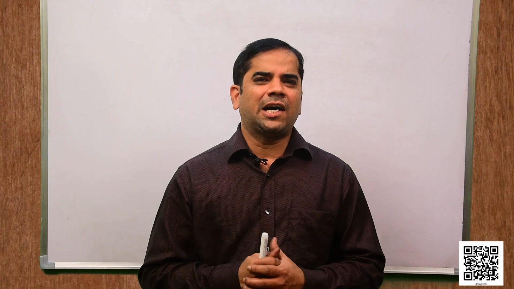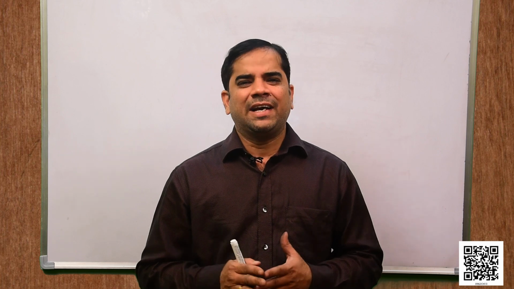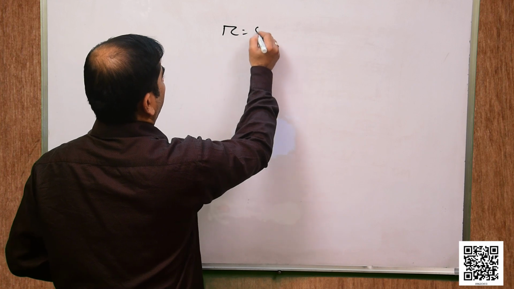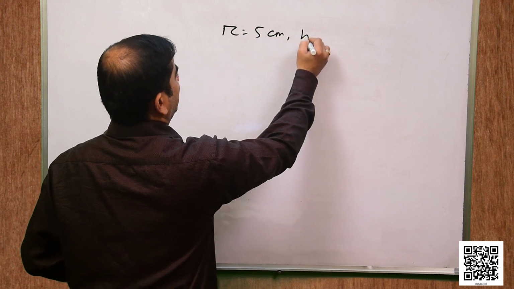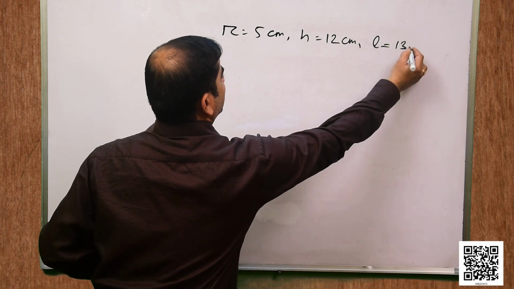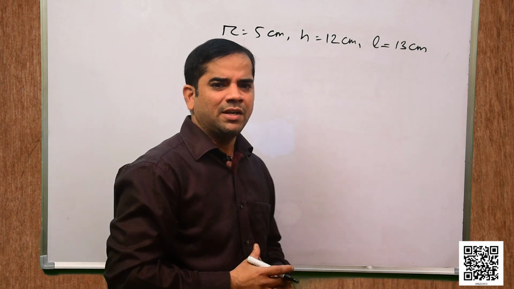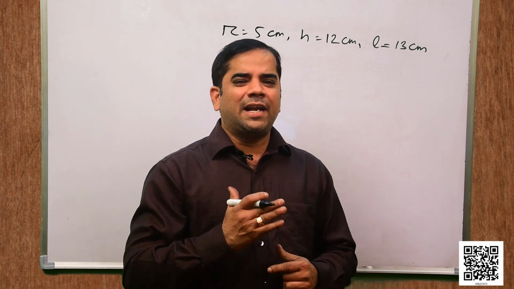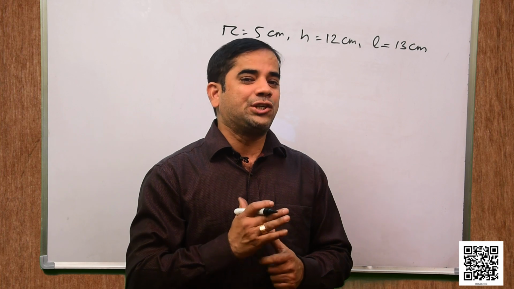So, students, as per the given data, here radius is 5 centimeter, height is 12 centimeter and slant height is 13 centimeter. So, in this case, let us find the volume. In a later stage, we are going to find the ratio.